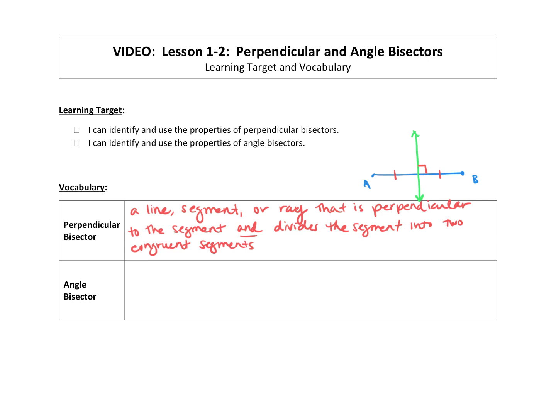Now an angle bisector is a ray that divides an angle into two congruent angles.